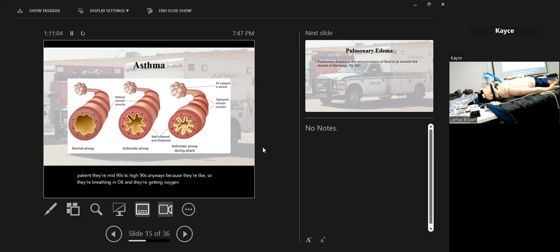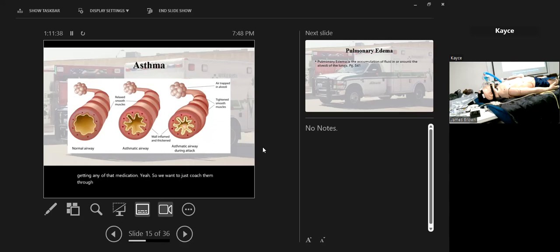As they start building up that CO2, it's going to start preventing the proper exchange of gas, so you might see them starting to drop in levels. It's not going to be our first treatment. Our first treatment is going to be trying to help them with their inhaler, to do it right. They might be so panicked right now that they're just breathing out and they're not getting the medication. So what we want to do is coach them through it.